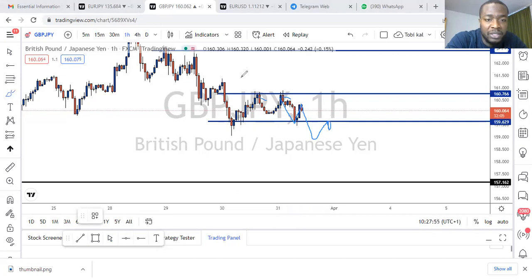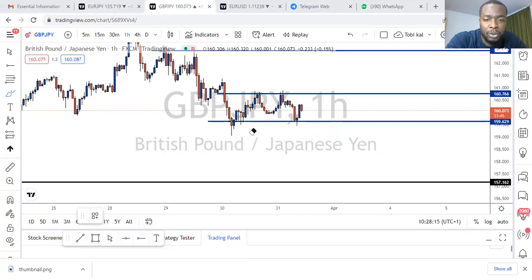Once you have a bearish price action of the new resistance being formed, that shows you that you can take a sell. Now if you are taking the sell off the 1 hour time frame, you are not going to say your take profit will be the daily time frame. It won't make any sense.